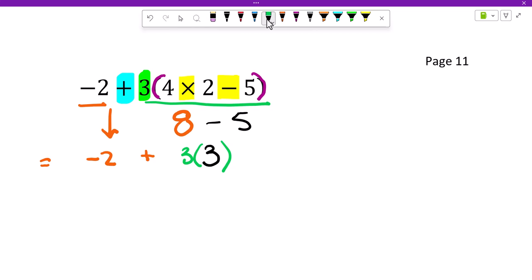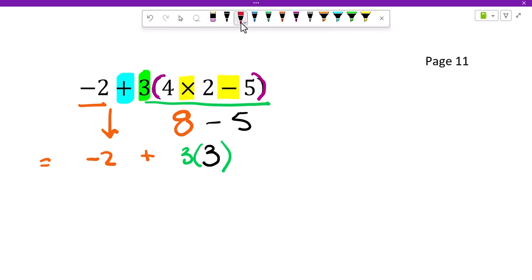Okay, so now, do I go minus 2 plus 3, or do I go 3 times 3? Which one do I do first? 3 times 3. Remember, we have to do times before adding. That's why this is supposed to be last. I'm just trying to highlight one of the biggest mistakes students make.